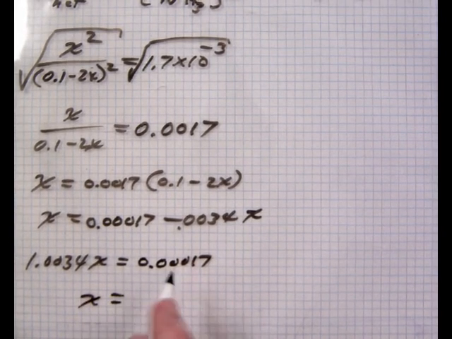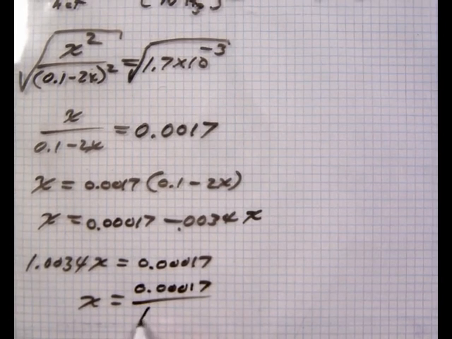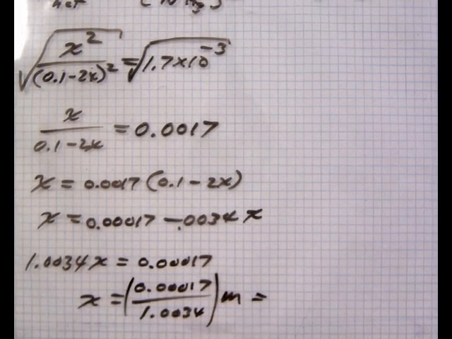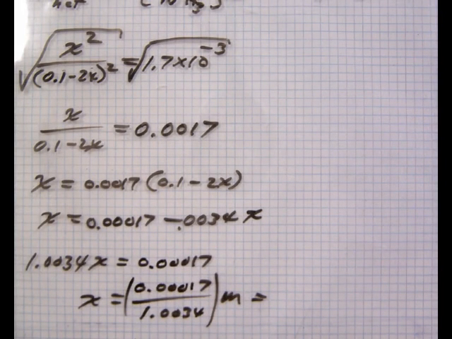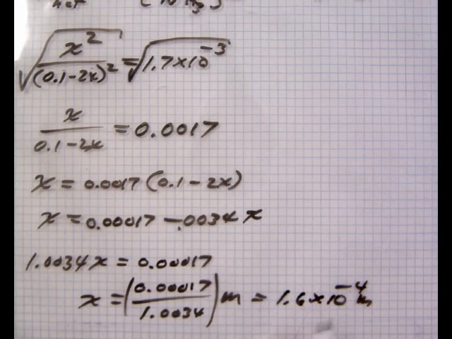So X is 0.00017 over 1.0034. That'll be in molarities. So I get 1.6 times 10 to the minus 4 molar.